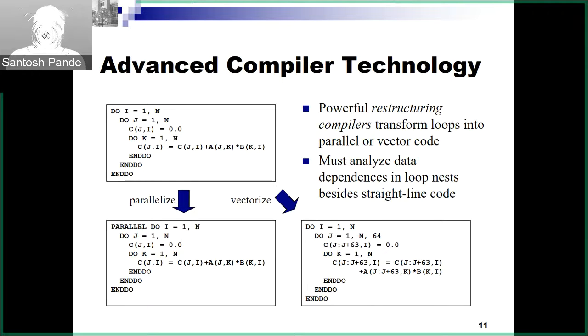So a vector is multiplied by a scalar, that's one thing. And then there's another vector there, C of J of 64, which is being added. And so through a combination of vector units, we can again nicely do this.